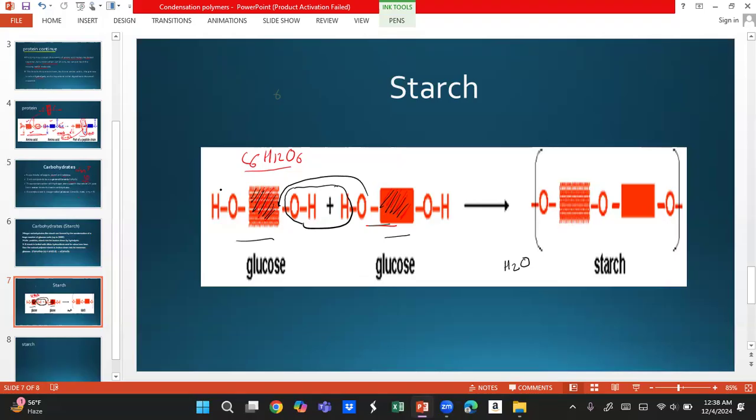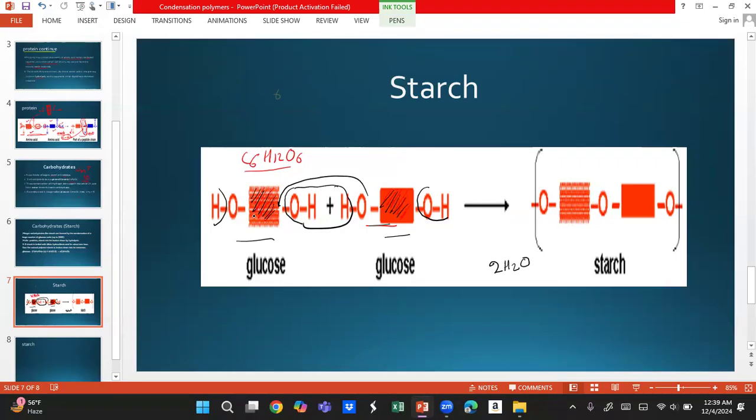Similarly, hydrogen from this side and hydroxyl group from this side are removed to produce another water molecule. Hope you understand? So two water molecules will be released here.